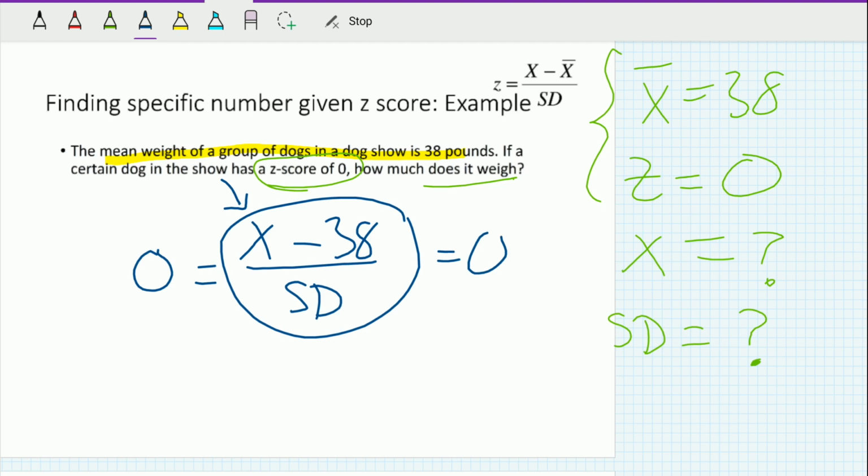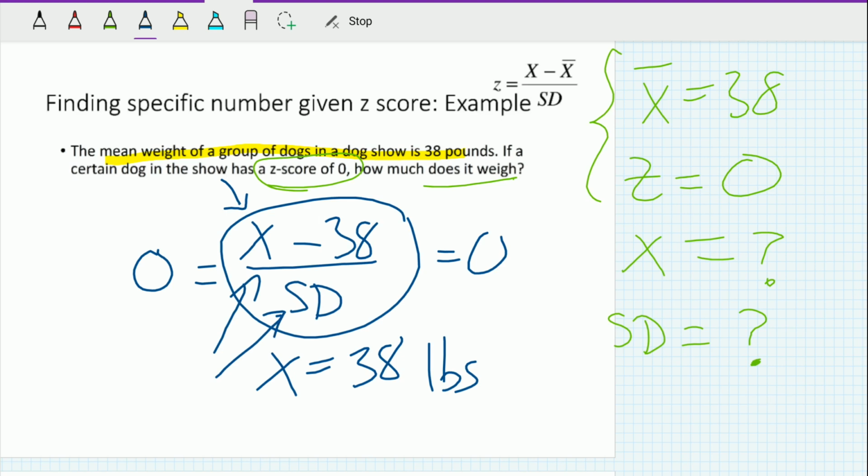The z-score is 0. That means this particular dog is completely average when we're talking about weight. So what that means is that the z-score is telling us that it's exactly the average. That dog is exactly average. So we know that the weight is actually also 38 pounds. Okay, and it's really the only number that'll work here to plug in to either of these two.